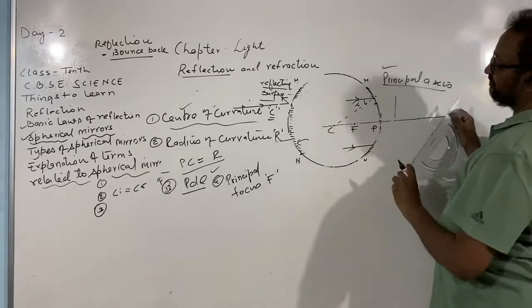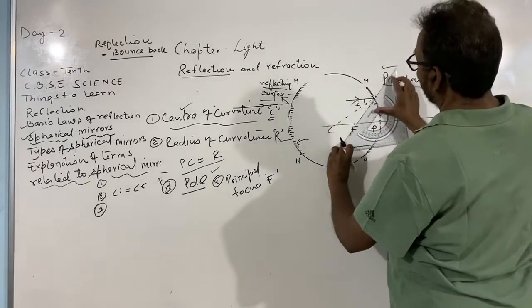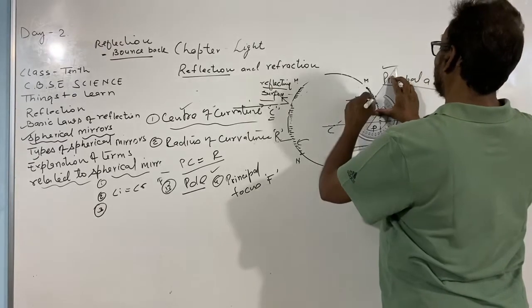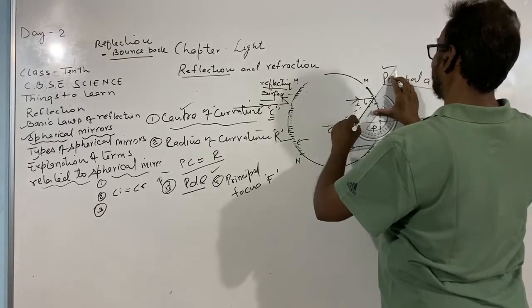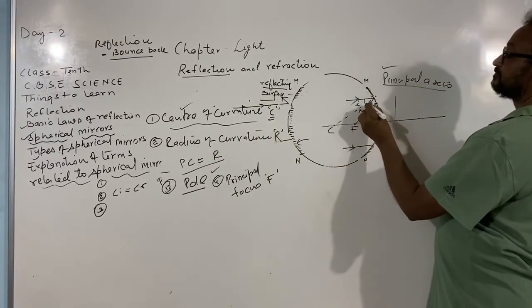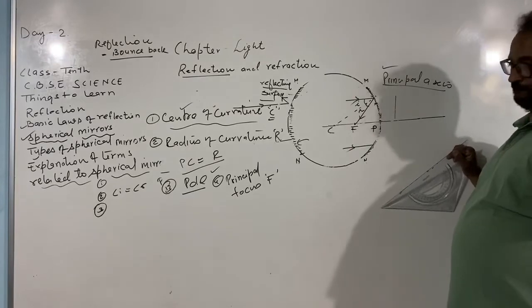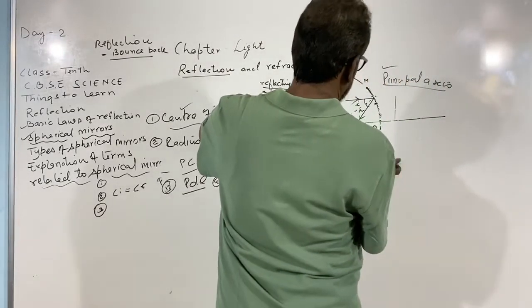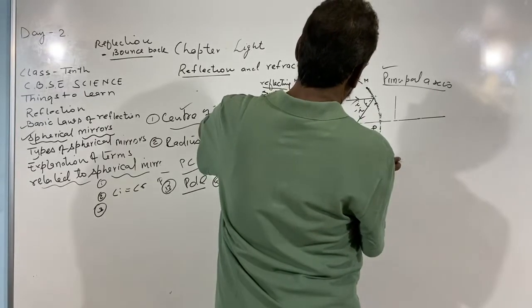According to the laws of reflection, this ray of light will reflect such that the angle of incidence is equal to the angle of reflection. Let us draw a normal at this point also.